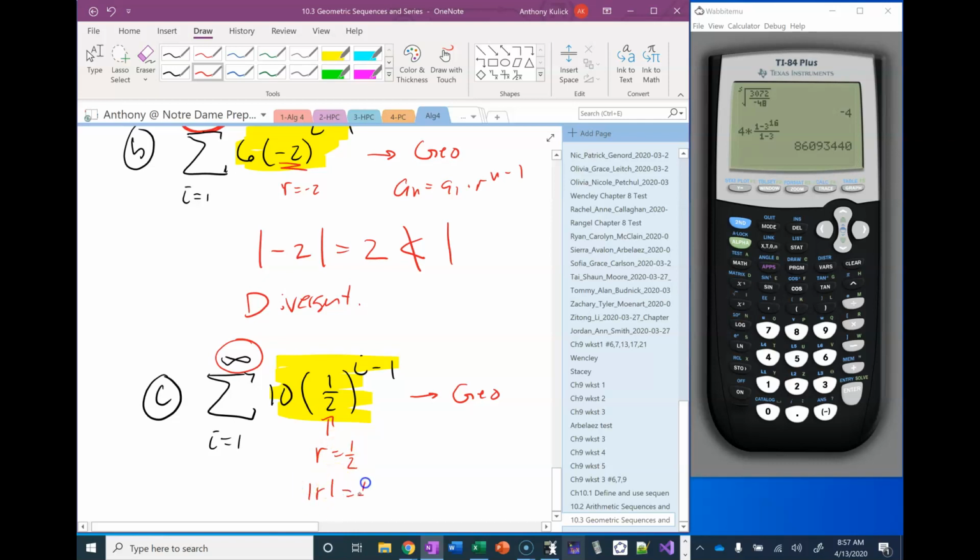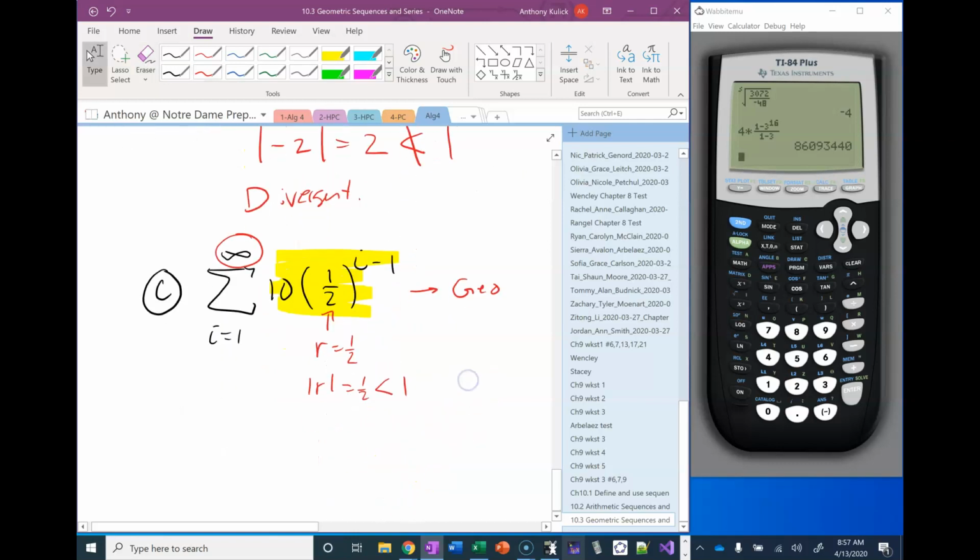And here, the absolute value of r is 1/2, which is indeed less than 1. So we can calculate this. So S sub n is going to be the first term, that's this, over 1 minus r, which gives me 20. You could type that in your calculator if you couldn't do that in your head, which is fine.